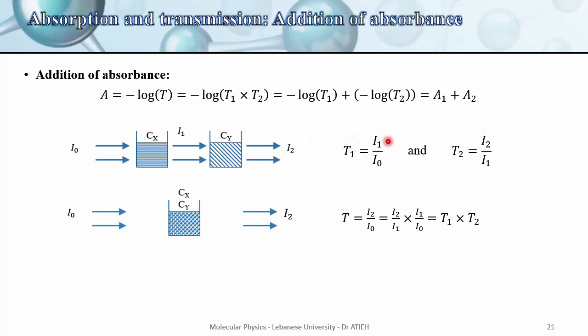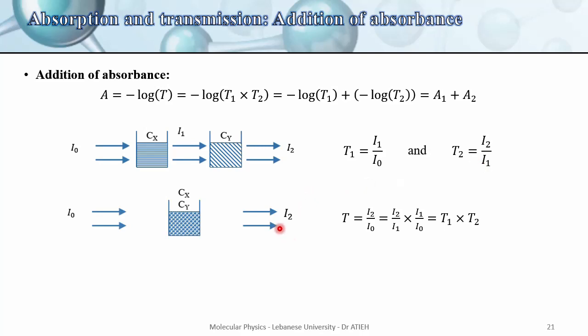which is I1 over I0. I1 is the intensity of light transmitted through the first solution. I0 is the incident light. And T2 is equal to I2 over I1, where I2 is the transmitted light from solution 2, where I1 is the incident light on solution 2.